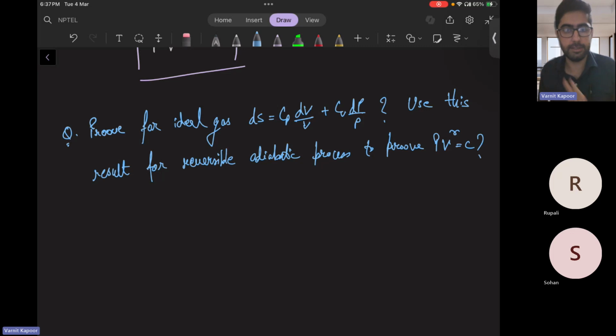So first prove that dS has this relation, and then use this relation to prove this again.